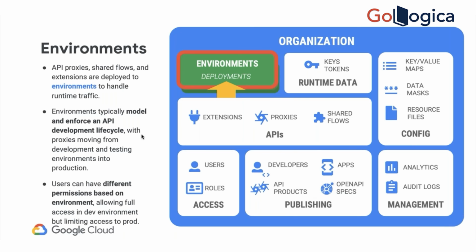Then in a paid org, if you have the enterprise license, they provide more options. You can have multiple environments, like SIT, QA, and other environments based on the company policy.